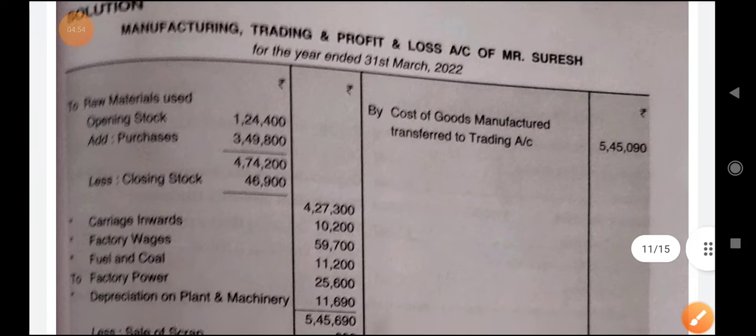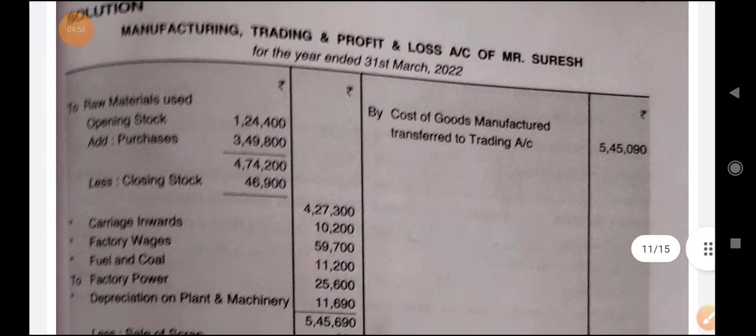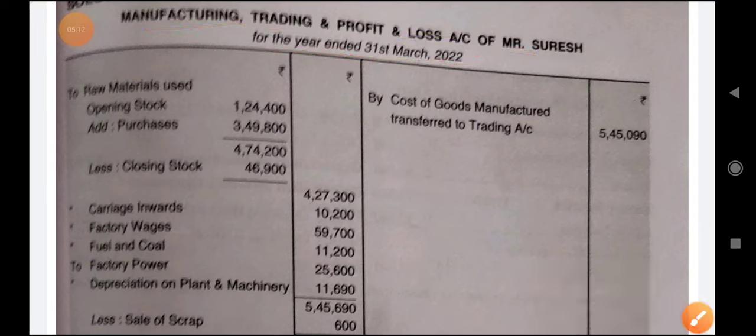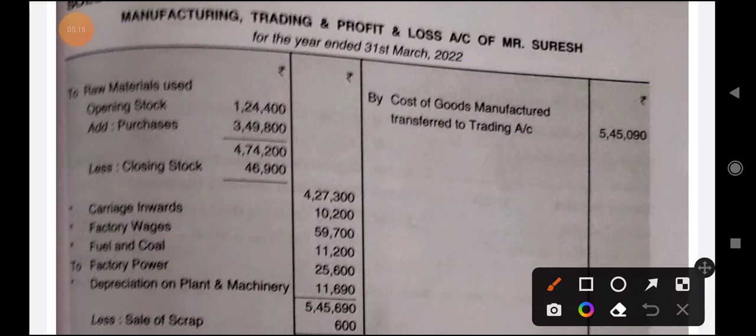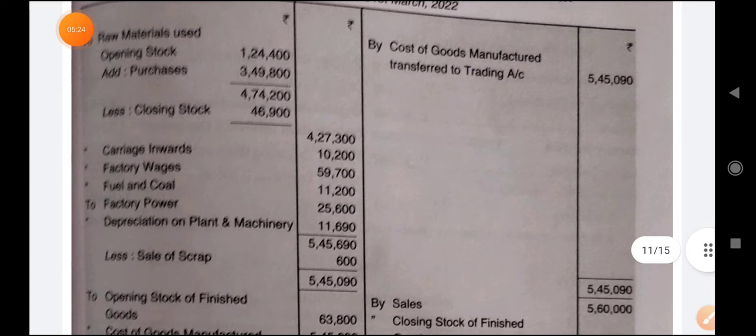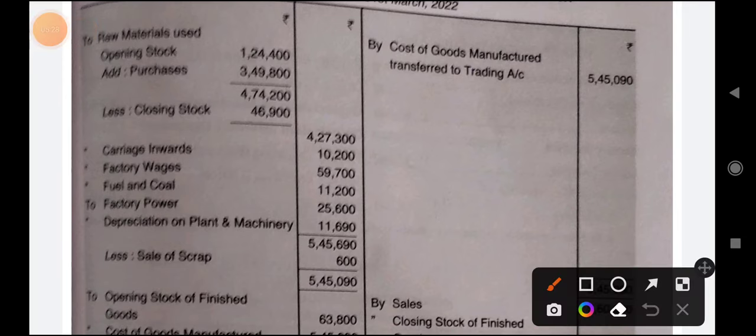Manufacturing, trading and profit and loss account of Mr. Suresh for the year ended 31st March 2022. Okay, so here is the answer relating to it. Raw material used: opening stock of raw material plus purchases of raw material minus closing stock of raw material.